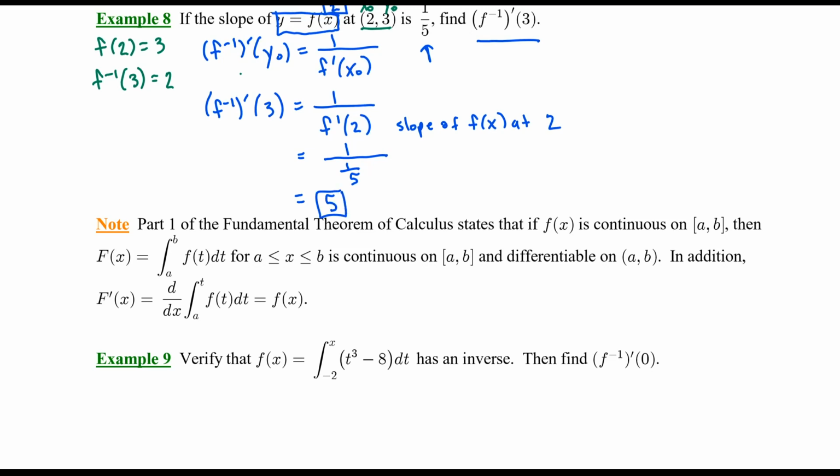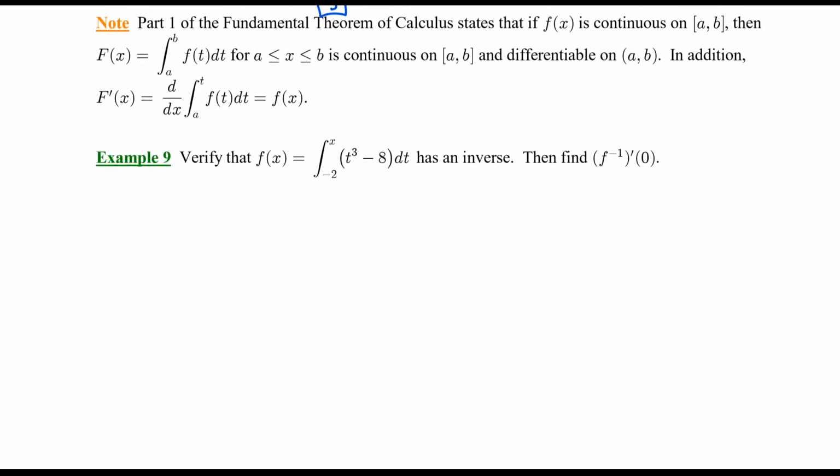Thus, we can say f inverse prime of 3 is equal to 5. So it really helps to patiently identify x naught and y naught and clearly distinguish between a derivative and an inverse. That theorem is going to take a little bit of practice.